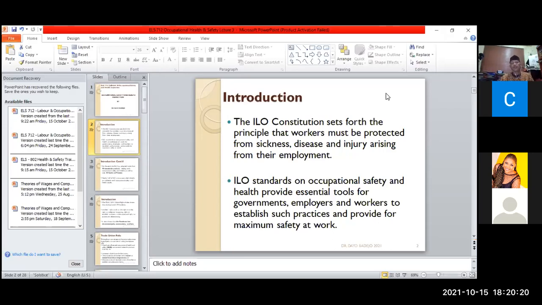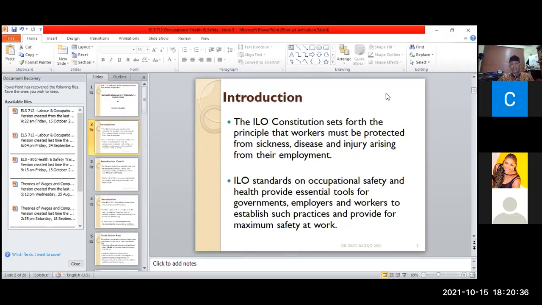As a way of introduction, the ILO Constitution sets forth the principle that workers must be protected from sickness, diseases, and injury arising from their employment.